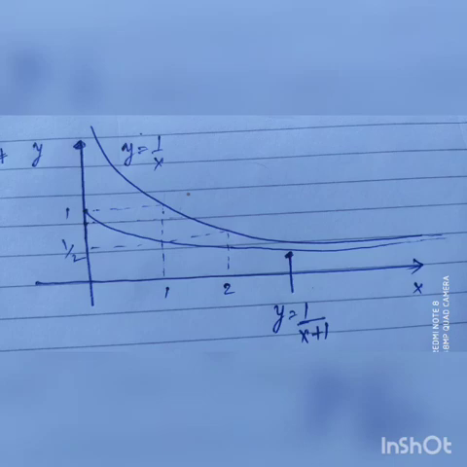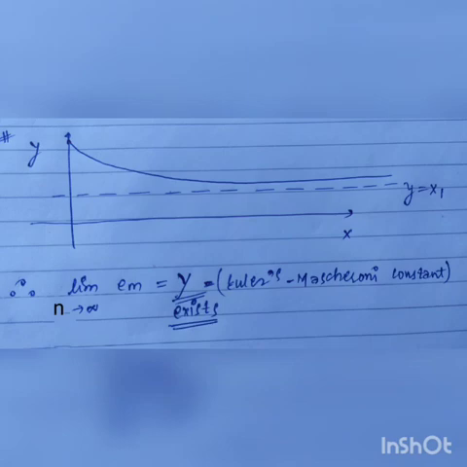By viewing these curves, consider any function which has its lower limit of boundedness as y equals y1, and suppose that function starts from some point (x1, y1) and then starts decreasing.